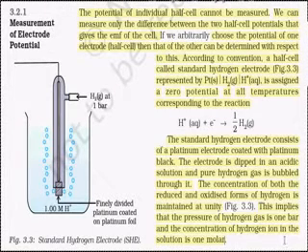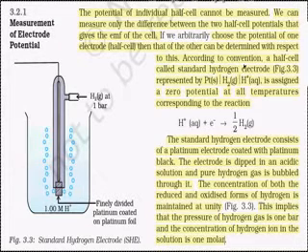Measurement of electrode potential. The potential of an individual half cell cannot be measured. We can measure only the difference between the two half cell potentials, which gives the EMF of the cell. So if we choose the potential of one of the electrodes, that is a half cell, then that of the other can be determined with respect to this.